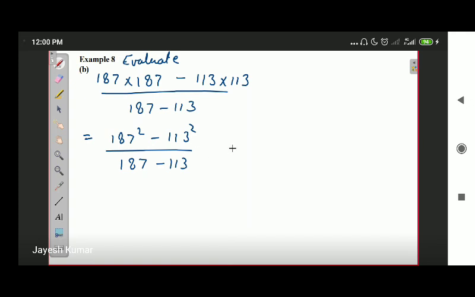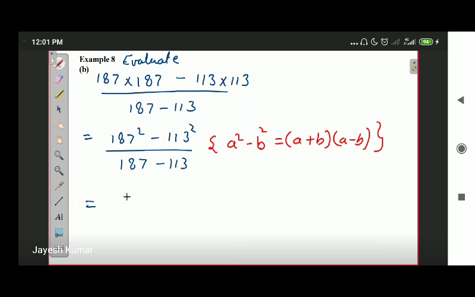Now it is in a better form. We have a statement in the form of a square minus b square. And like I already told you, according to our need, we change a square minus b square to a plus b into a minus b, or we change a plus b into a minus b into a square minus b square.